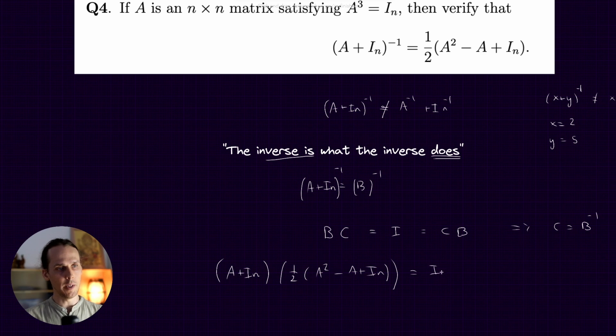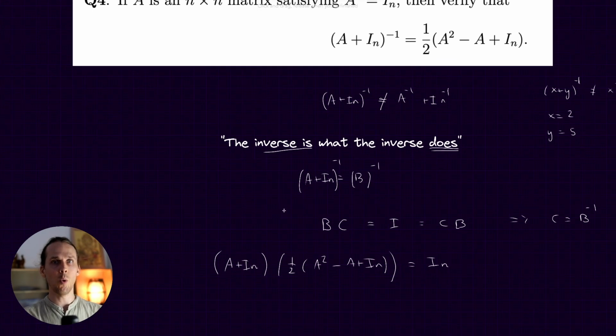And I'm going to write this. Is this true? Or I should say, does it follow from what we've already written, from what we already know to be true? The answer is no, it doesn't follow. That's what we're actually trying to prove. If we can prove that, then we can conclude that we have the inverse.